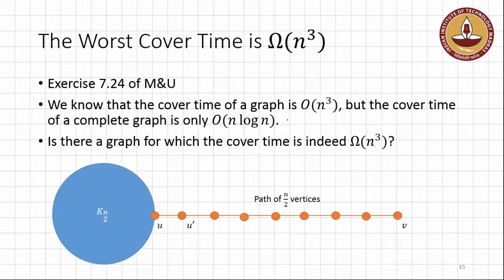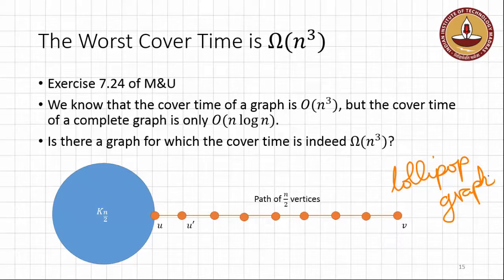And interestingly, the graph that displays such a large cover time has a very nice structure called the lollipop graph. The lollipop graph has two parts. There is the complete graph part, in which about half the vertices are all completely connected to each other, so this is K of n by 2.